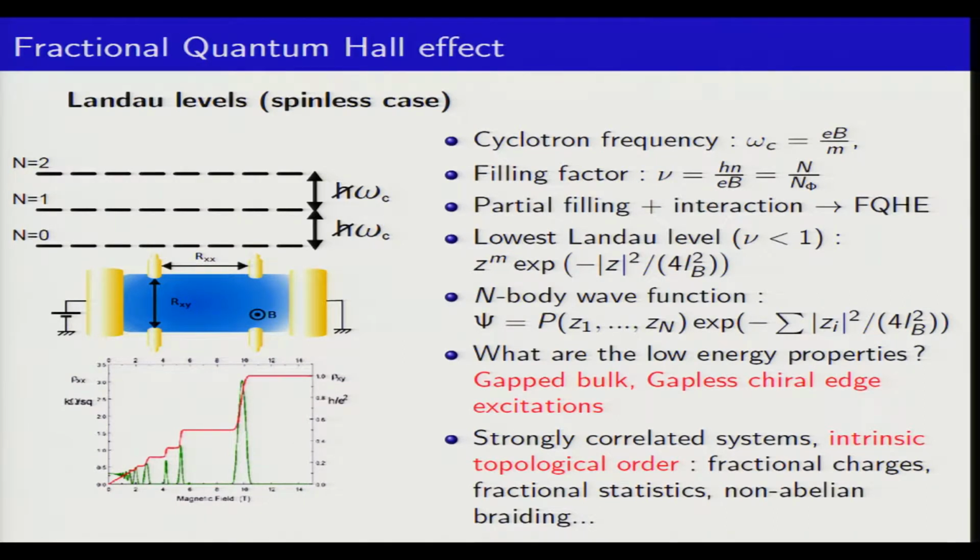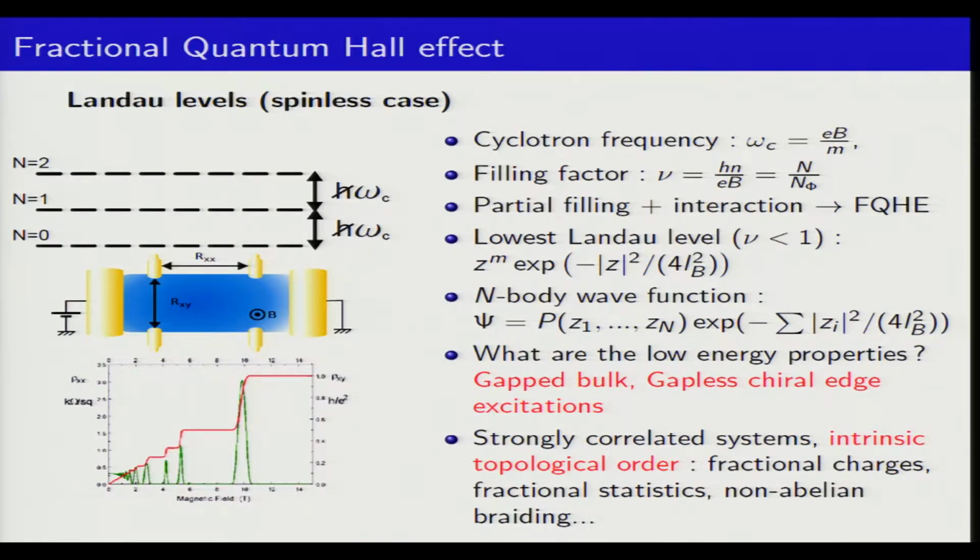And when you write down a many-body wave function where all the particles live in the lowest Landau level, you can write it down as a polynomial in the electron coordinates, let's say z1 to zn, times some Gaussian weight.